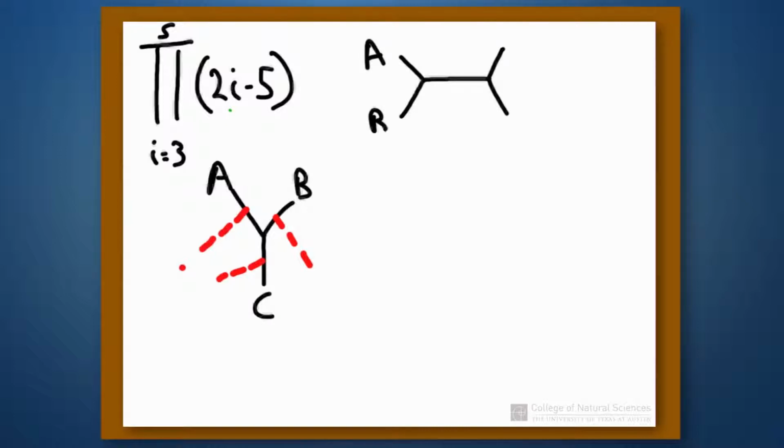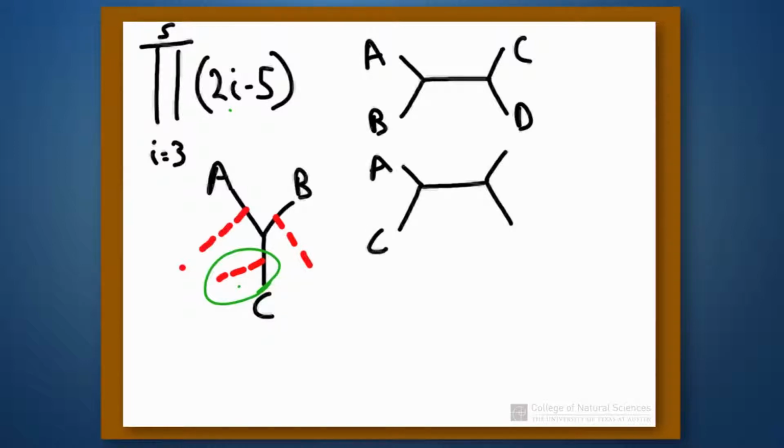A, B, C, D. This corresponds to this option here. Okay, so if we add D here, then we would get this option over here. Another way that we can do it is the following. A, C, B, D. So that's when B and D are next to each other.